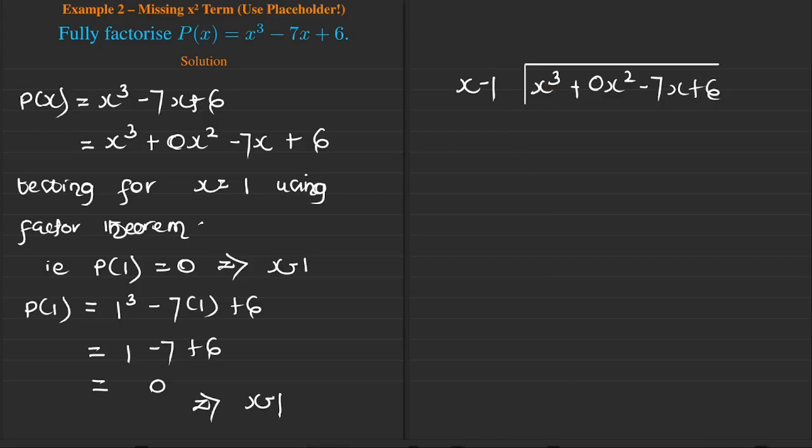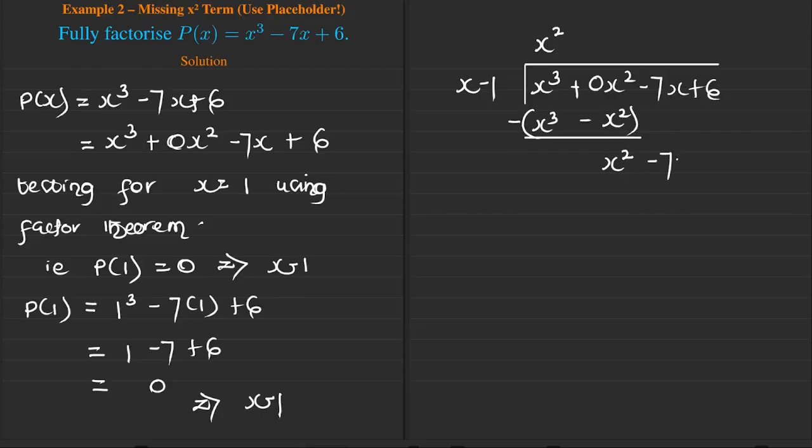X divides x cubed and x squared. So x times x squared gives us an x cubed. And then negative 1 times x squared gives us a negative x squared. We then do our subtraction. 0x squared minus negative x squared gives us an x squared.